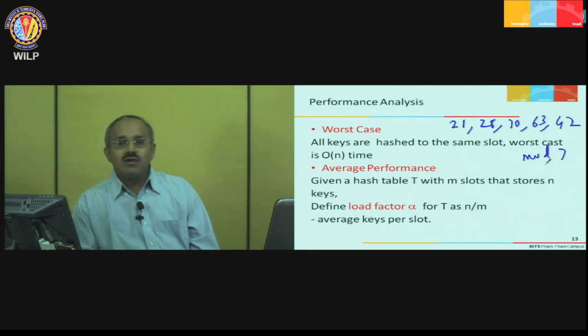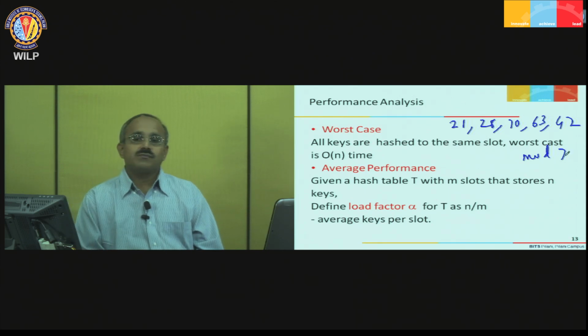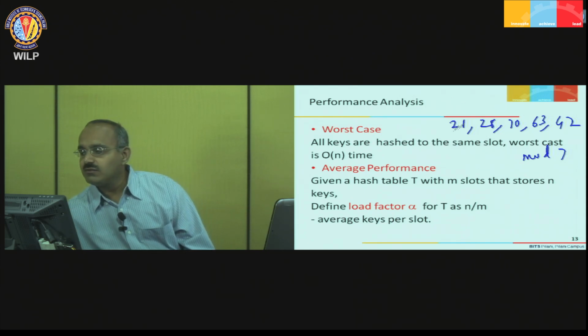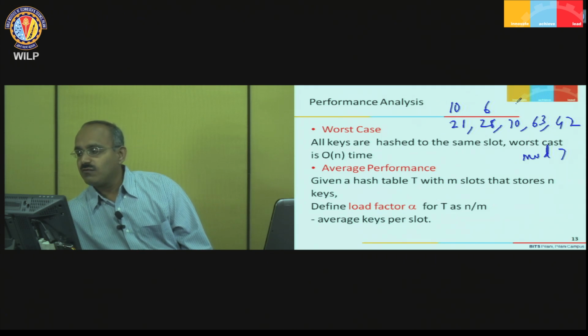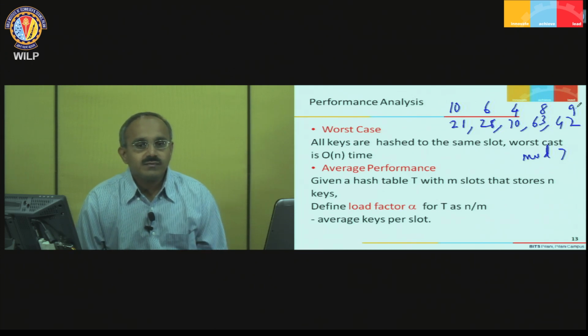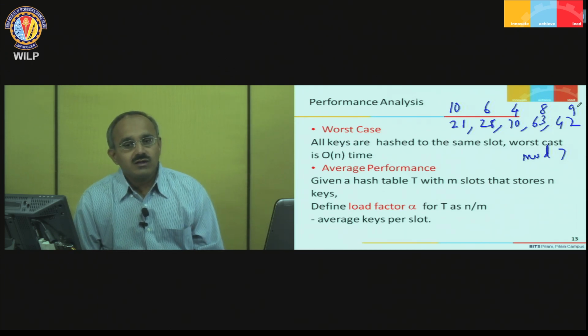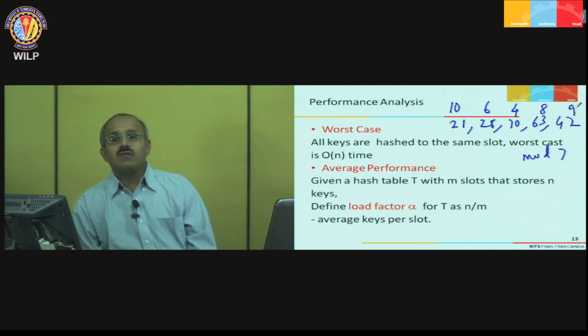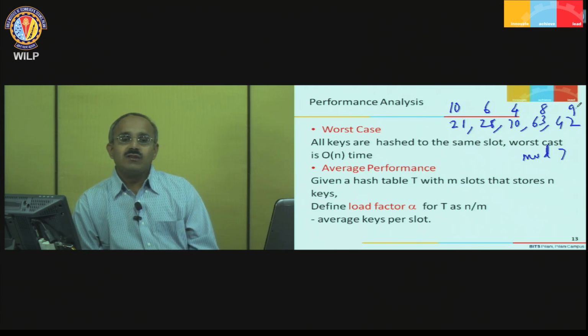For example, if we had used 11 here instead of 7, then this would be mapped to 10, this would be mapped to 6, this would be mapped to 4, this would be mapped to 8, and this will be mapped to 9, correct. So, instead of 7, if we had used modulo 11 operations, then we see that all the keys in fact are mapped to different values, or they get hashed to different slots.